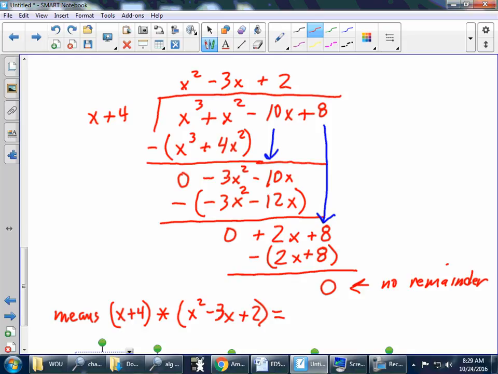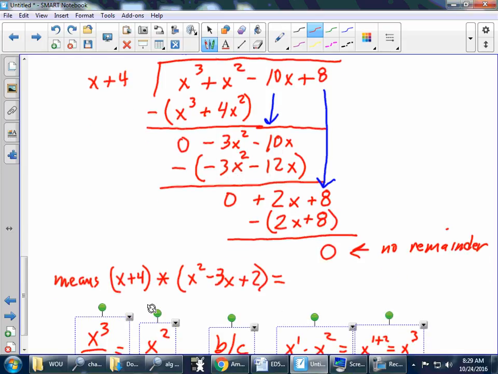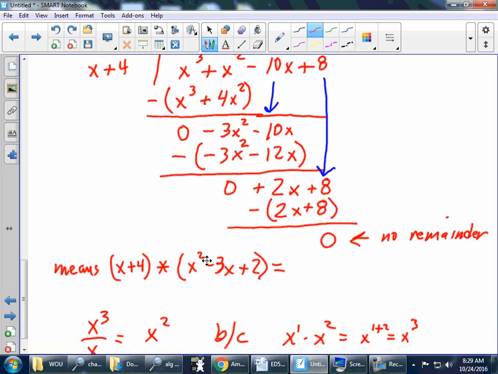X plus 4 times x squared minus 3x plus 2 equals... No, x plus 4 down here times, maybe you can't see, x plus 4 times all of this equals what? Lifeline, Kylie? X cubed plus x squared minus 10x plus 8.